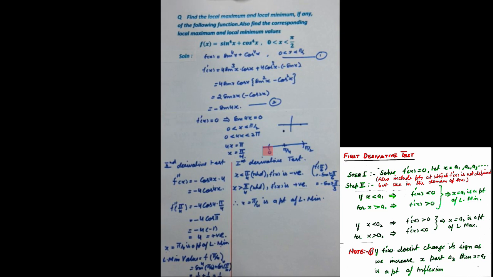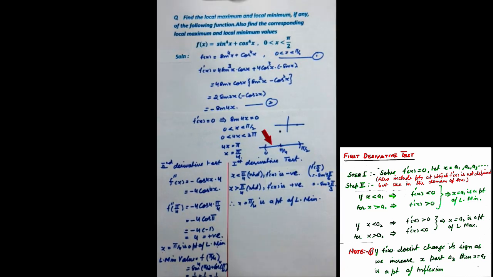This is 0, this is pi by 2 and we have this point as pi by 4. So x less than pi by 4, in the left neighborhood of this point, the sign will be the same as throughout this interval because this function is a continuous function in the whole of this interval.